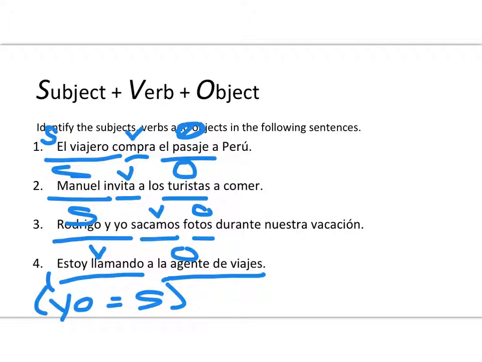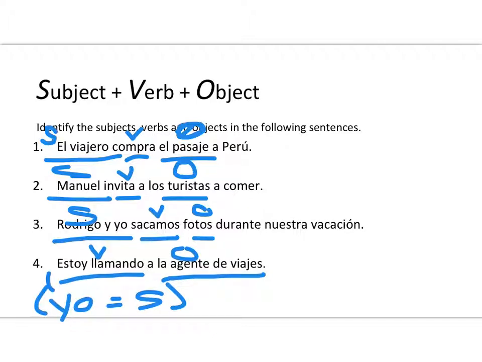To Peru is just a prepositional phrase. We're not going to worry about that. Número 2, what's our object in inglés? In inglés, los turistas. ¿Cómo se dice los turistas en inglés? Tourists.